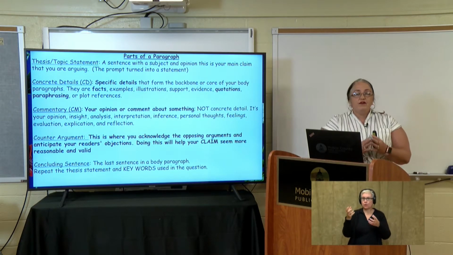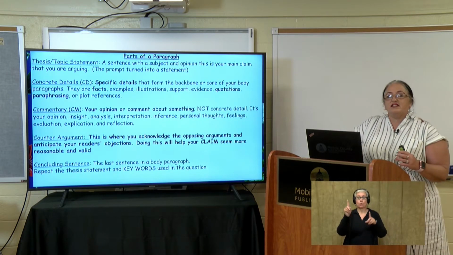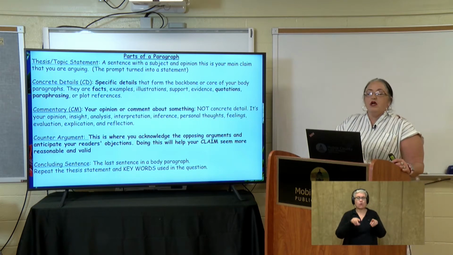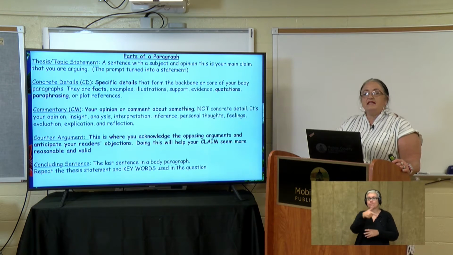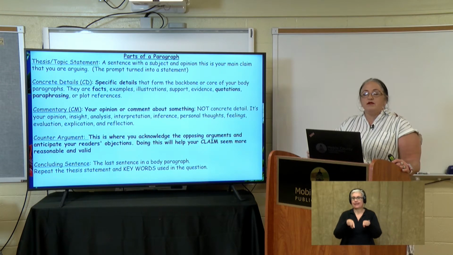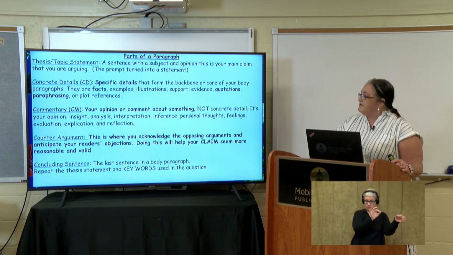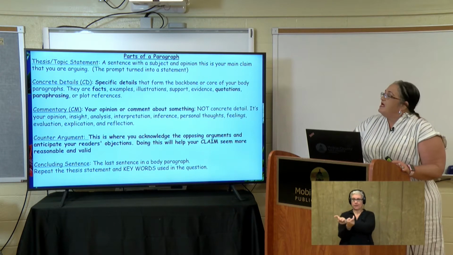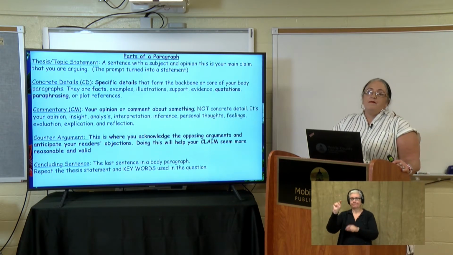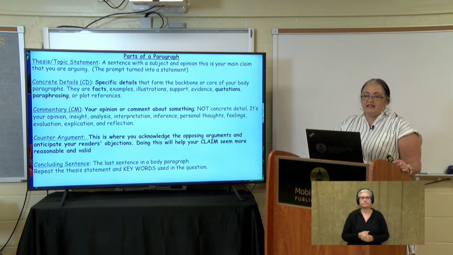Whatever question you are asked to answer or respond to, you're going to flip that around, make it into a statement, and then that is going to be your claim that you will be defending. Secondly, concrete details. You must have facts or evidence to back up your claim. How do we know what you're saying is actually true?